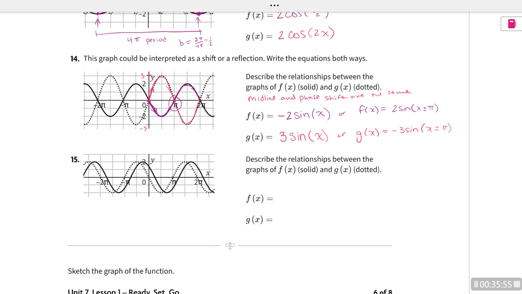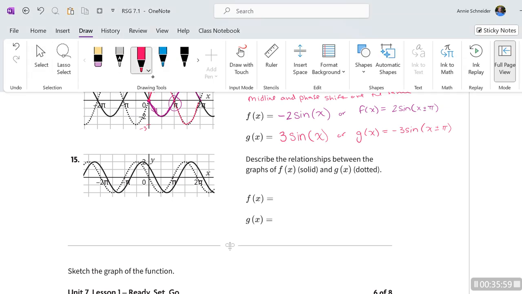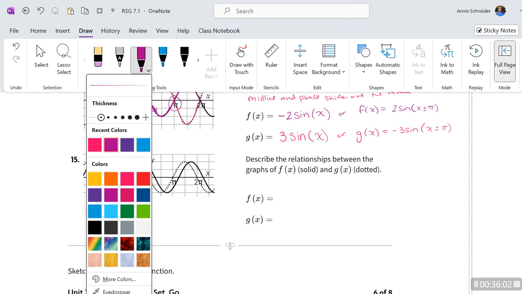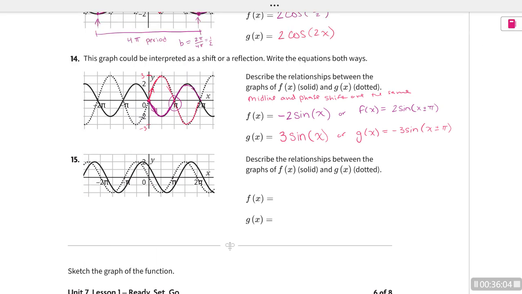Question 15. Describe the relationship between f of x and g of x. So let's start with f of x. We see that they have the same amplitude, same midline and same period. Those all look like they're the same.